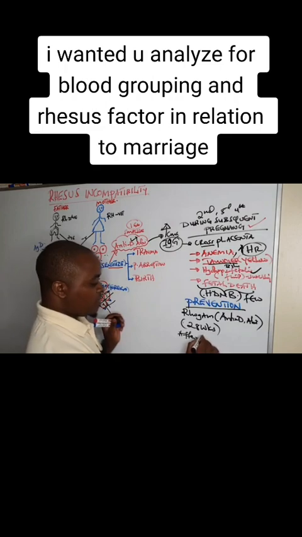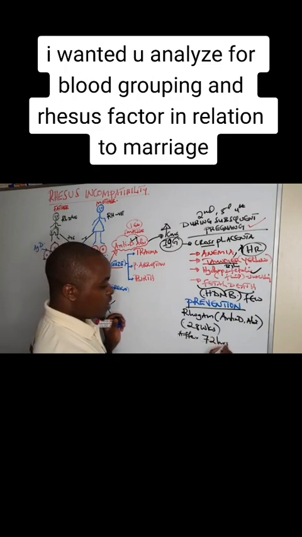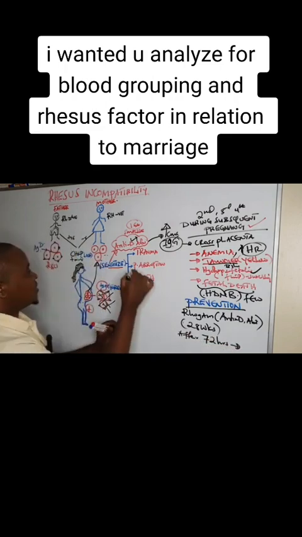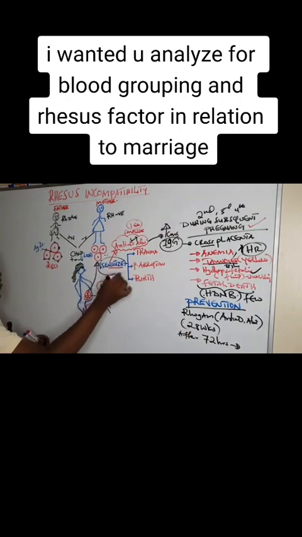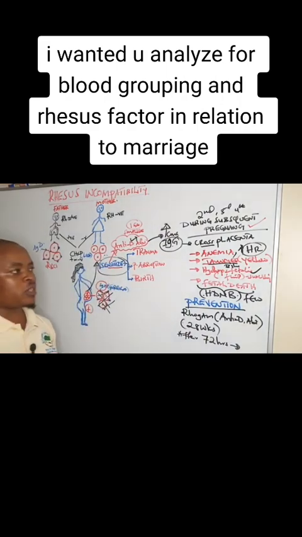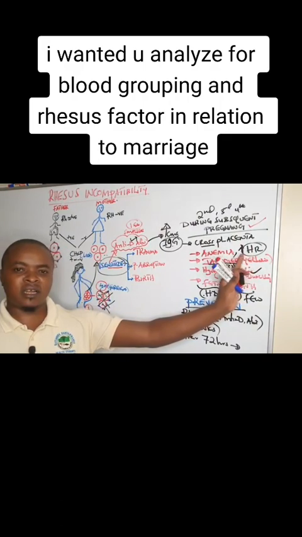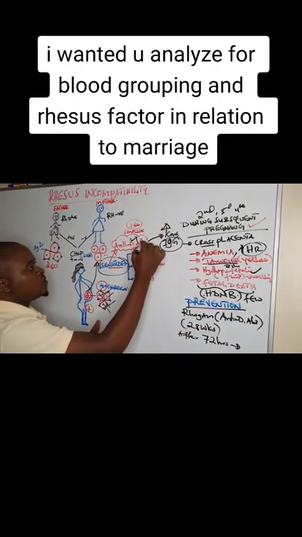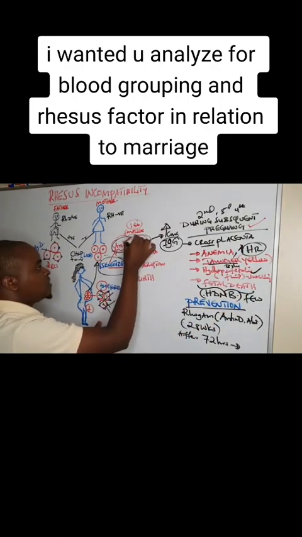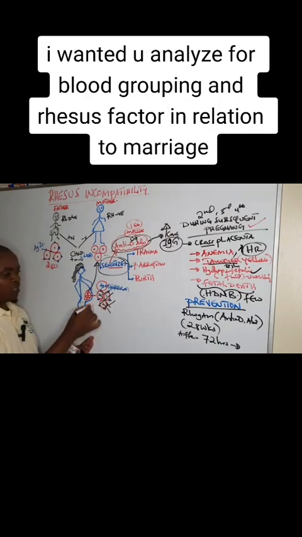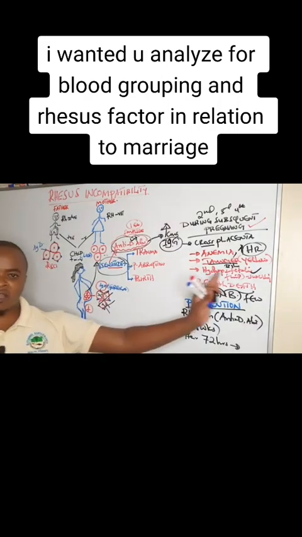After giving birth, it is given within 72 hours to prevent sensitization, so that when another pregnancy comes, there are no circulating anti-D antibodies that can attack the fetal red cells, leading to death.